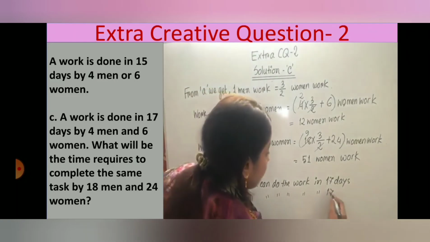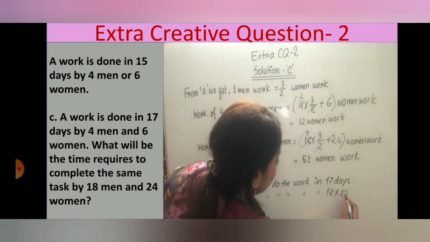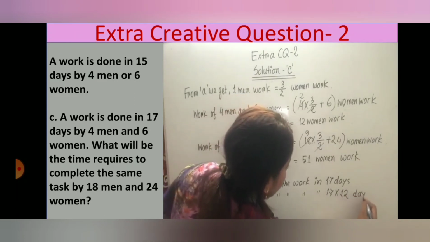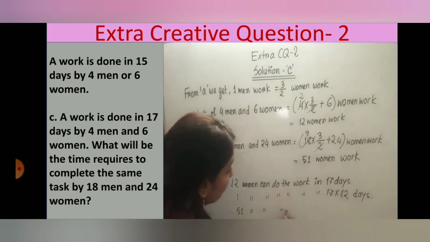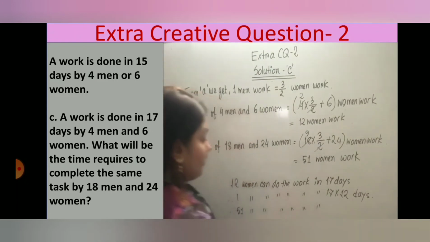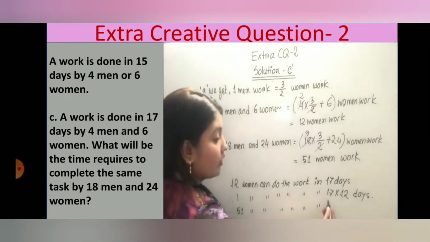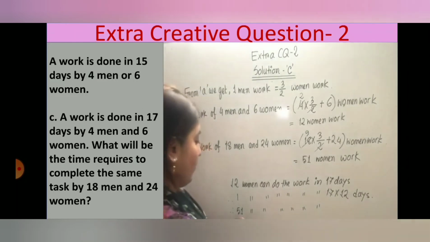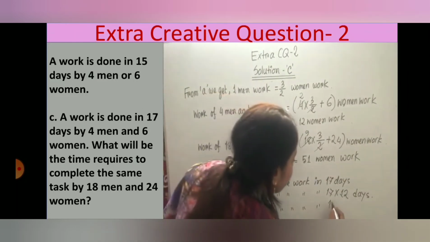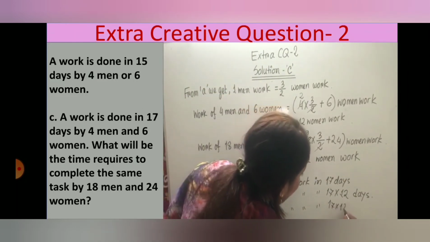So, it will be 17 into 12 days. Again, if 51 women do the same piece of work, will it take more time or less time than before? Yes, it will take less time. So, what will we do? We will do division here.